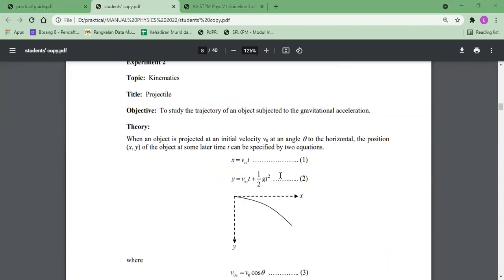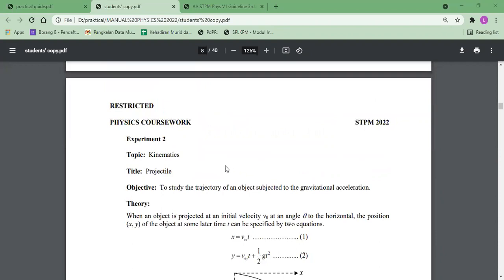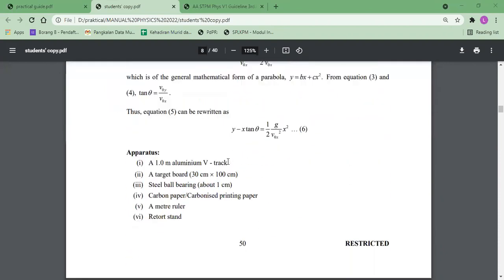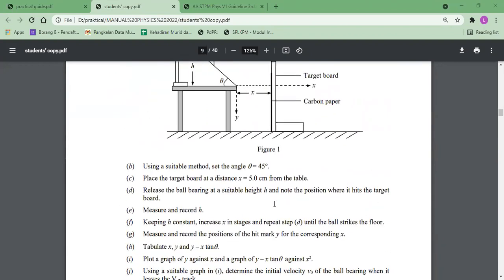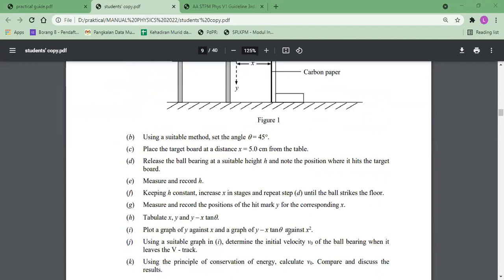Experiment 2, the next experiment, same, copy everything until the procedure, then you change to passive form. If it is with a diagram, follow the diagram, follow the figure, then convert into active form.